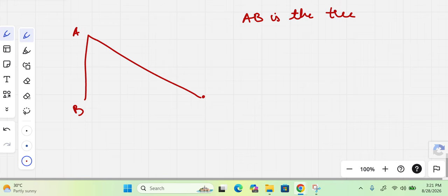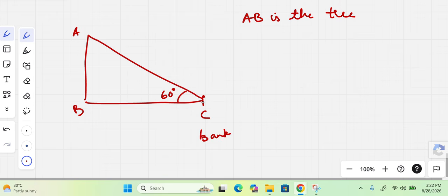Person standing on the bank of a river observes that the angle of elevation of the top of the tree is 60 degree. So this is 60 degree. Then what he does? When he moves 40 meter away from the bank. So this is the bank actually. C is the bank.